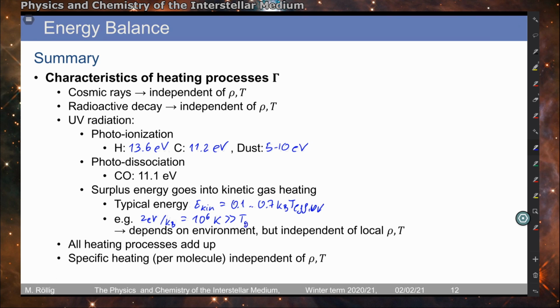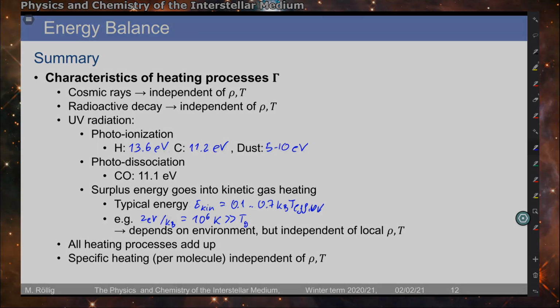So even though our heating depends on the environment, the details of the heating rate are mostly independent of local densities and temperatures. And all these heating processes then later add up so that the total heating per molecule is a more constant number independent of the heating and cooling.